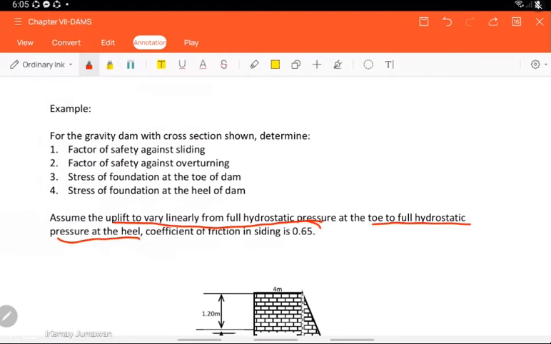So the friction is 0.65, the coefficient of friction. Okay, so whatever the water level at the downstream, that is what we will consider, because that is what the problem gives us. But if there is no such statement, then depending on your figure or the description of the dam, you have to solve all the forces acting on the dam.